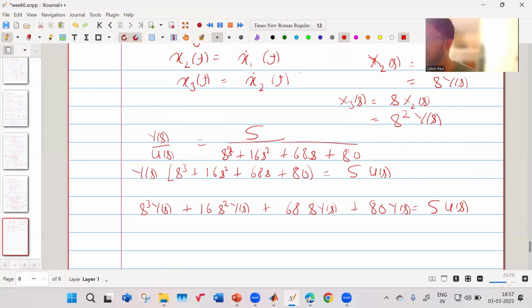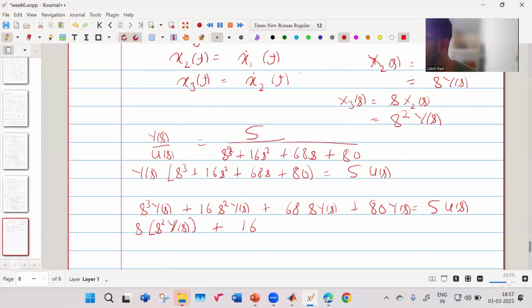Now, how do we write this further? This is equal to s into s square of y of s plus 16 into s square of y of s plus 68 into s into y of s plus 80 into y of s is equal to 5 into u of s.